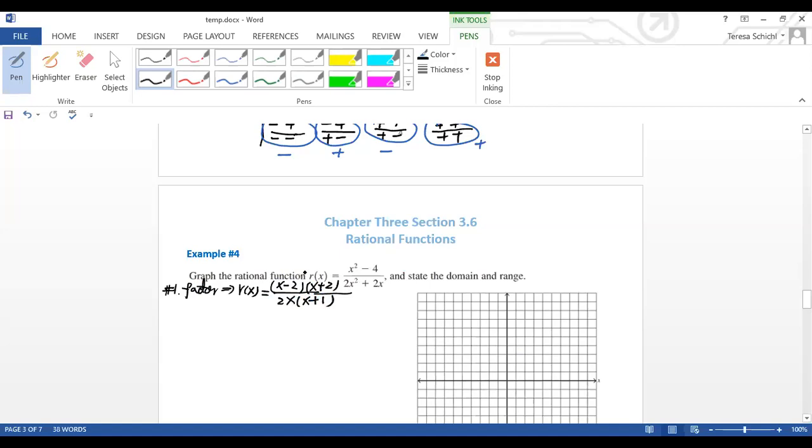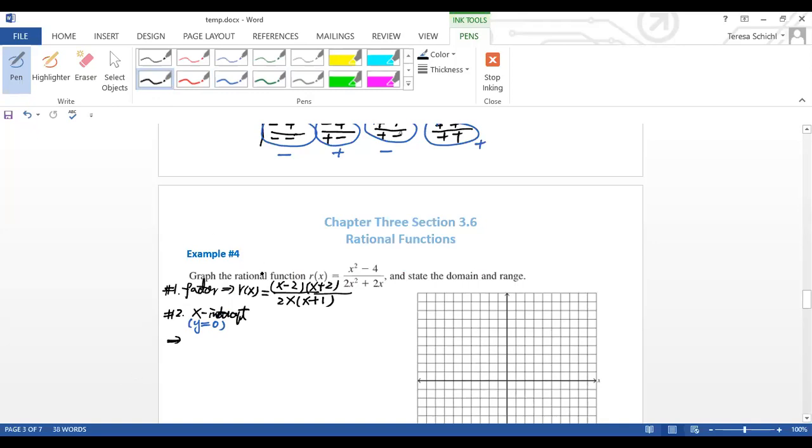After that, step number 2, we find the intercepts, starting with the x-intercept. We set y equal to 0, and only the top can equal 0 because the denominator cannot.